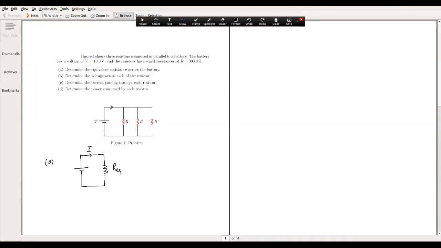So that's the current I that comes in, but this current I is going to distribute itself into I1 here. Let's call these R1, R2, R3, even though they are the same resistors, and that's I2 there, and that's I3. Since charge is conserved, we have the relation I is equal to I1 plus I2 plus I3.